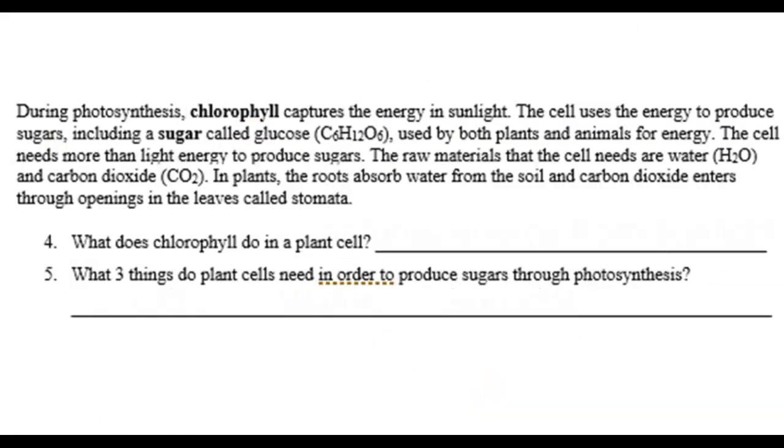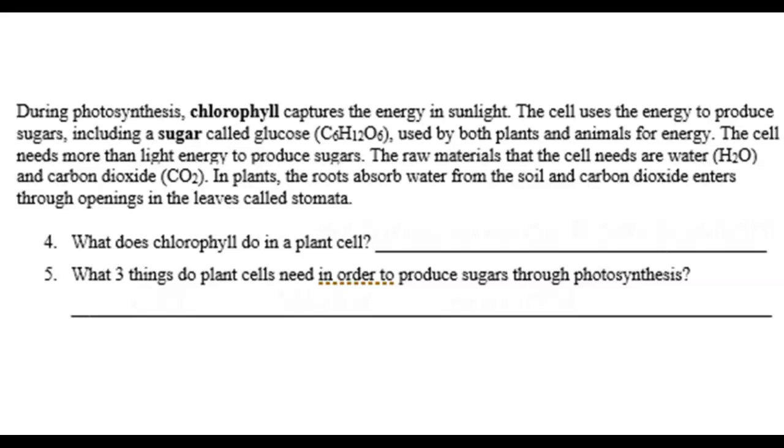During photosynthesis, chlorophyll captures light energy. The cell uses the energy to produce sugars, including a sugar called glucose, with the chemical formula C6H12O6. There are 6 carbons, 12 hydrogens, and 6 oxygens chemically bonded together to make this new molecule.